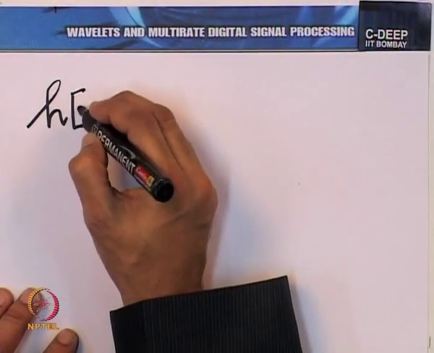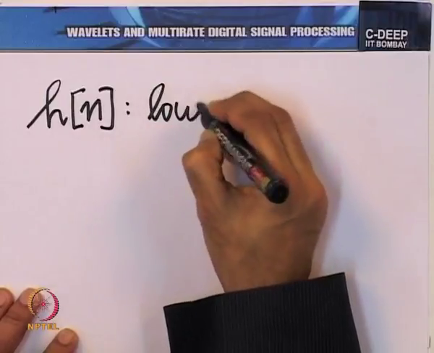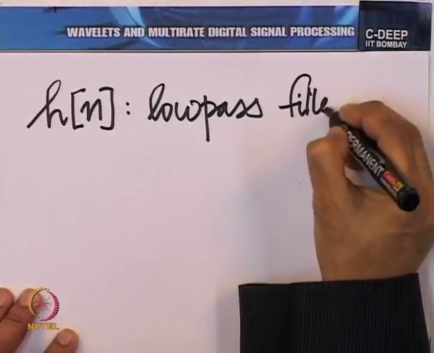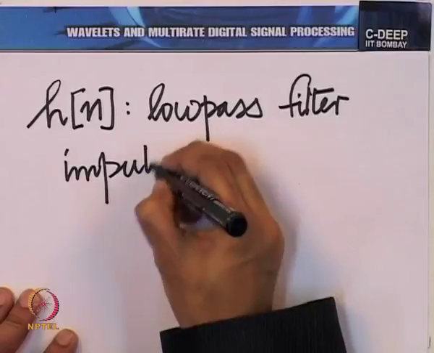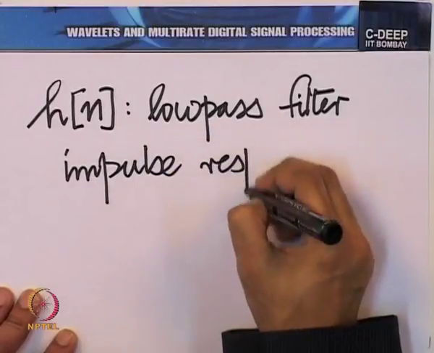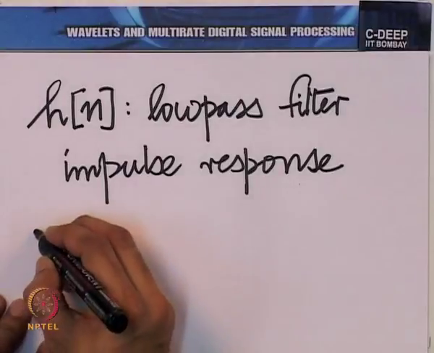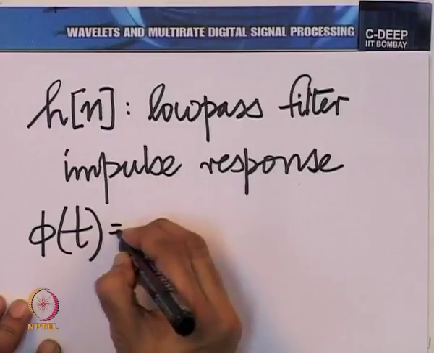In fact, if h n is the low pass filter impulse response, we had said that phi t obeys a dilation equation like this.